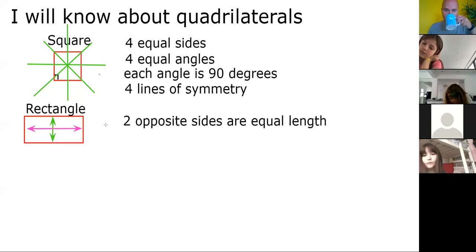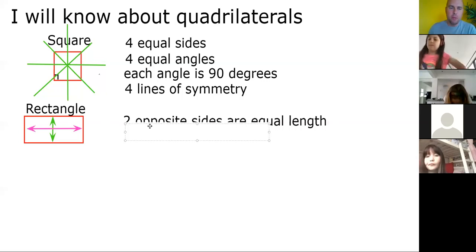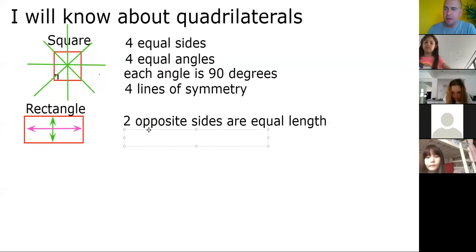Good. So we've got 2 opposite sides equal. I know you're writing it down. Aurora, could you tell me anything about the angles inside the rectangle, please? Are they the same as a square, the angles inside?